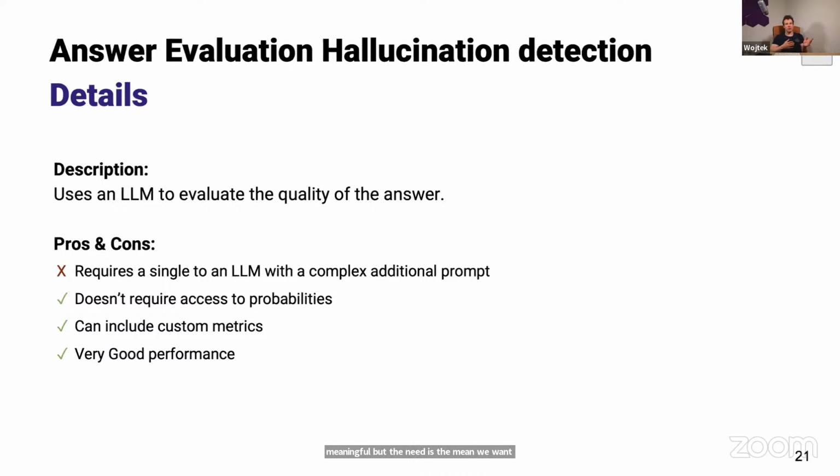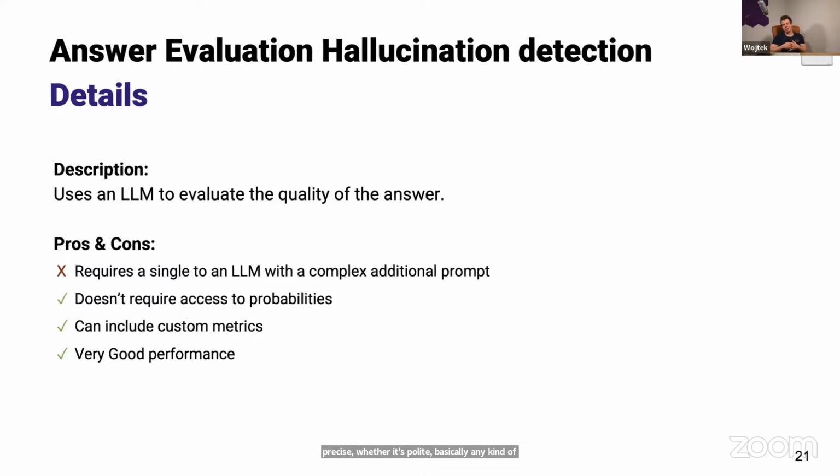And again, we don't require access to probabilities, so we can work with the newest OpenAI models that don't output probabilities. We can include any kind of custom metric we want, not just whether there is hallucination or not, but whether the answer is grammatically correct, whether it's precise, whether it's polite, basically any kind of metric we want.